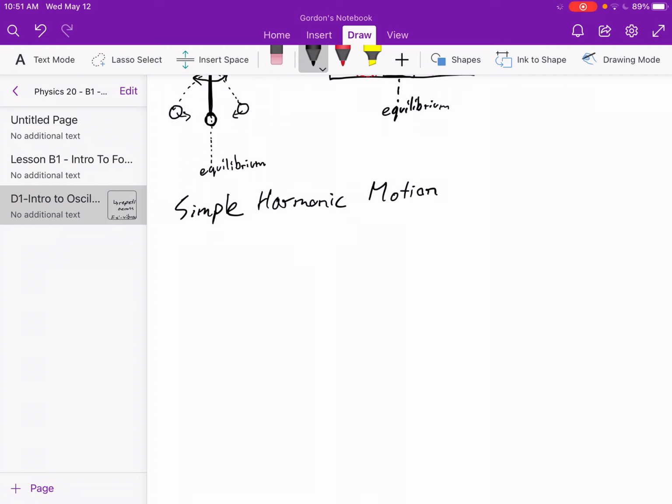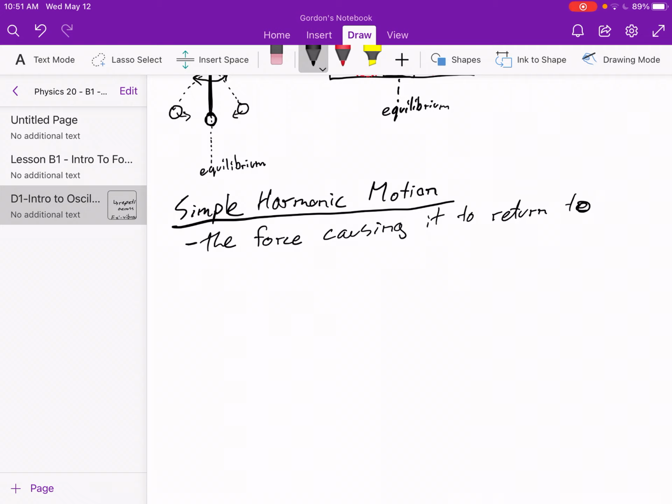The important specification about simple harmonic motion that makes it different from oscillatory motion is that the force causing it to return to equilibrium is proportional to the displacement from equilibrium.